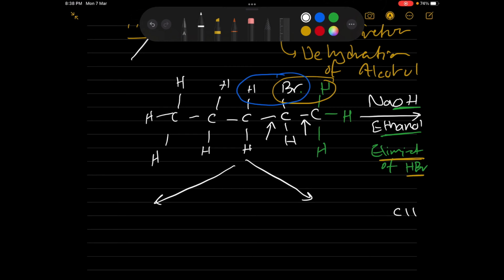You will have CH2 double bond CH, CH2, CH2, CH3, and the other possibility is having a double bond between, it will be like CH3, CH double bond CH, CH2, CH3.